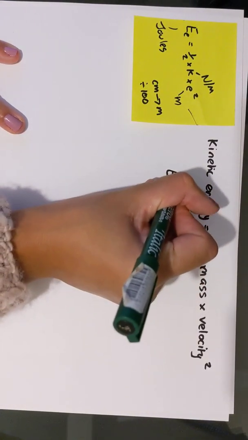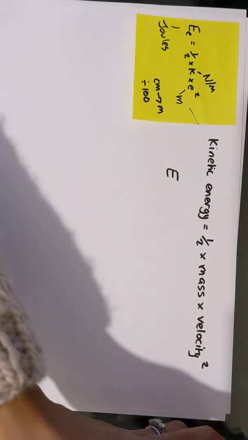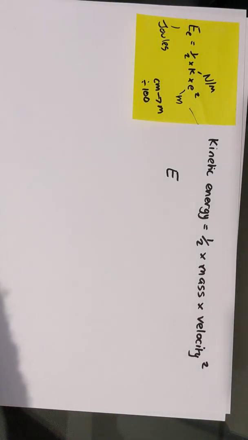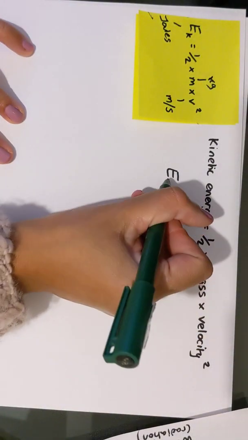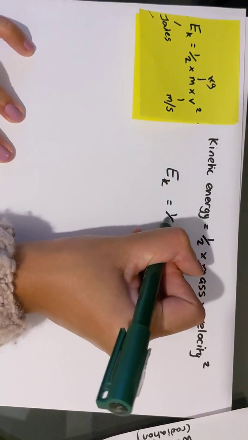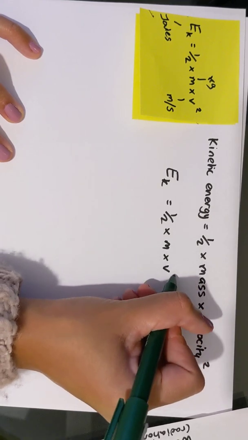I've got the wrong Post-it there because I've got the elastic potential energy, but I've said before they're very similar. Okay, so that is your kinetic energy equation. So EK equals half times m times v squared.